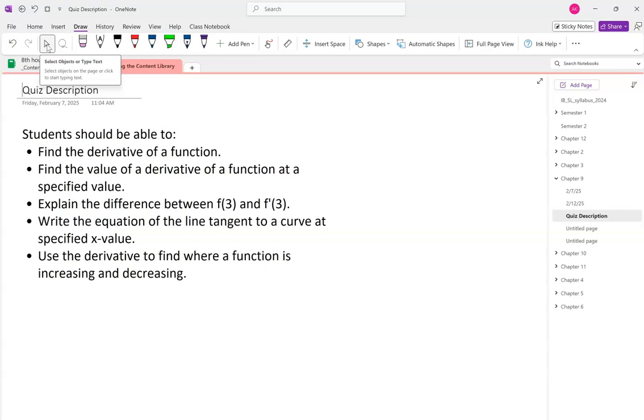Write the equation of the line tangent to a curve at a specified x value, just like the example we did a second ago. And use the derivative to find where a function is increasing and decreasing, just like we did to start. That's the quiz.